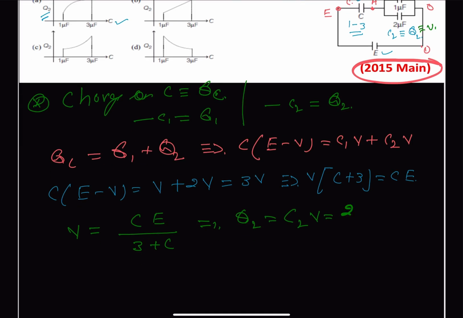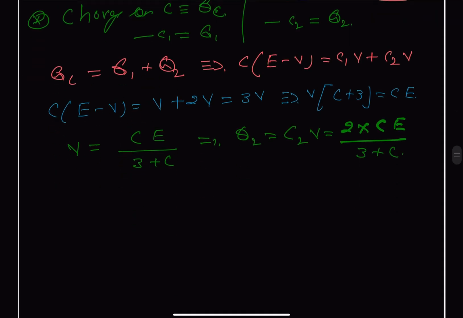So this comes as 2 times CE divided by 3 plus C. And we need to find out our Q2. So we can rewrite this as Q2 equal to twice E divided by 1 plus 3 by C. So this gives a relationship between our Q2 and C.